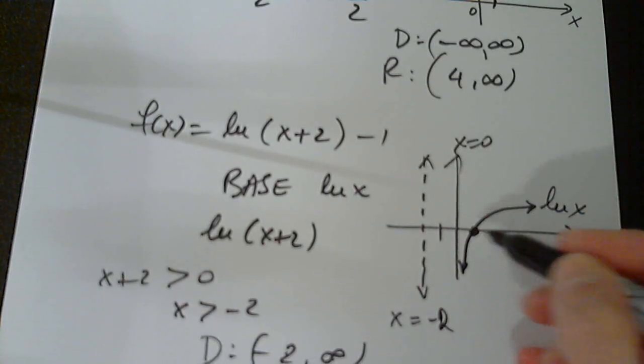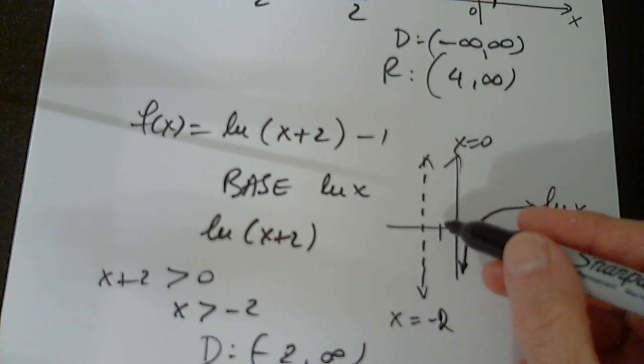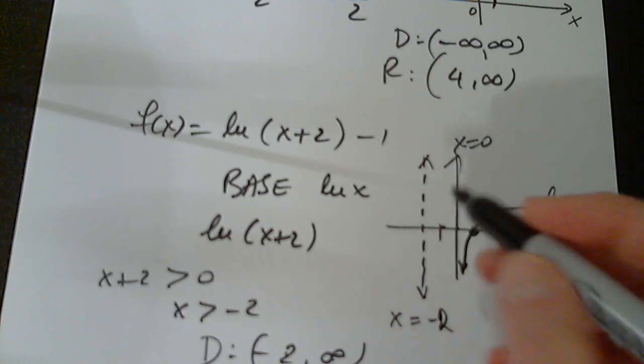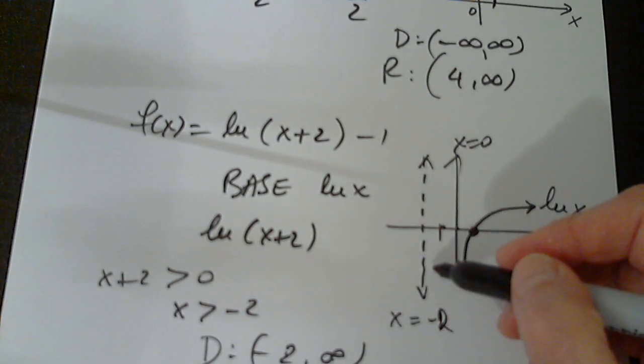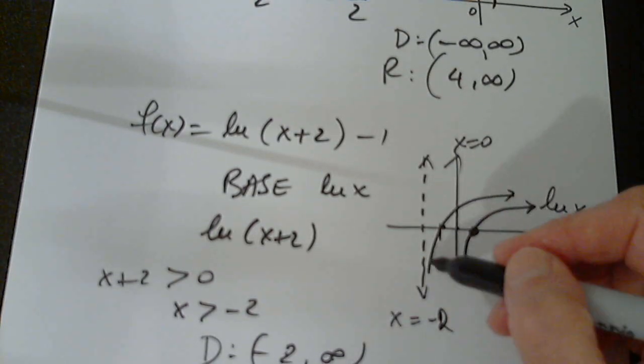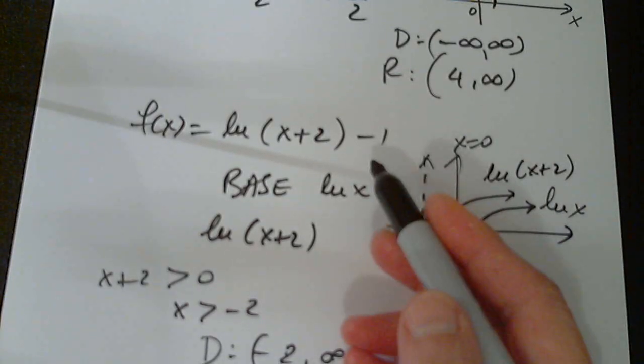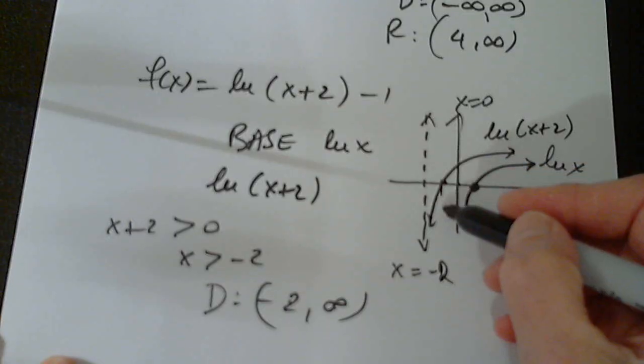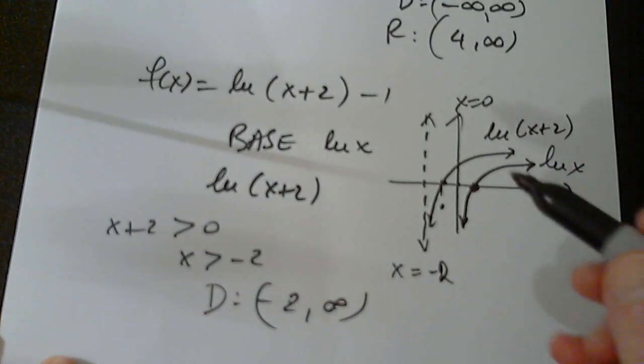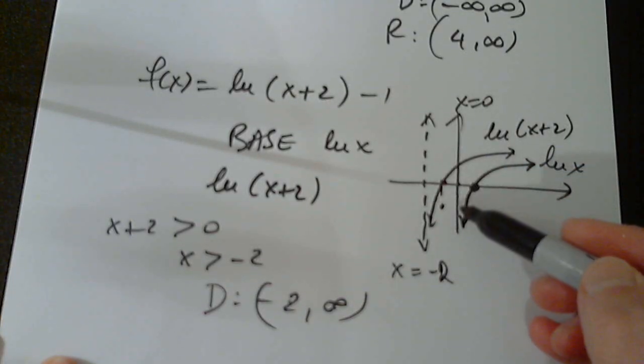So now this point, which is 1, 0, moves 2 to the left. So here's the new graph. And this is natural log of x plus 2. Down 1, not a big deal. This point will move here at negative 1, negative 1.